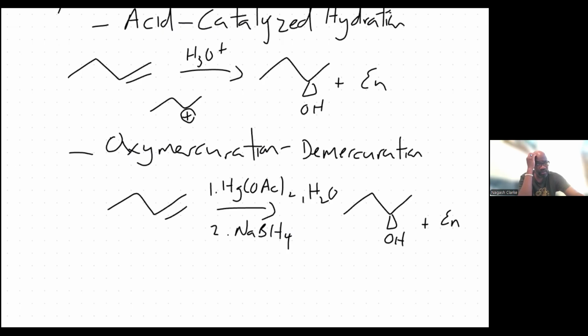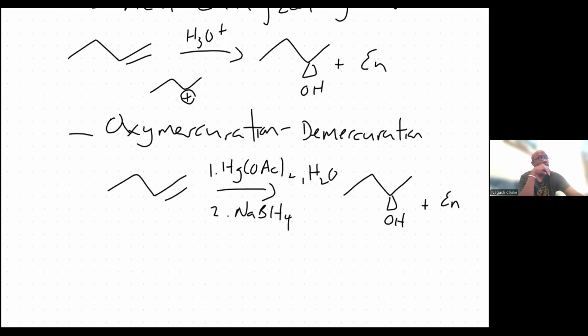The mechanism forms a three-membered ring as an intermediate, so you can have addition above or below. But don't worry about that mechanism. Just know it is Markovnikov, and it avoids rearrangements. That's why it would be used.